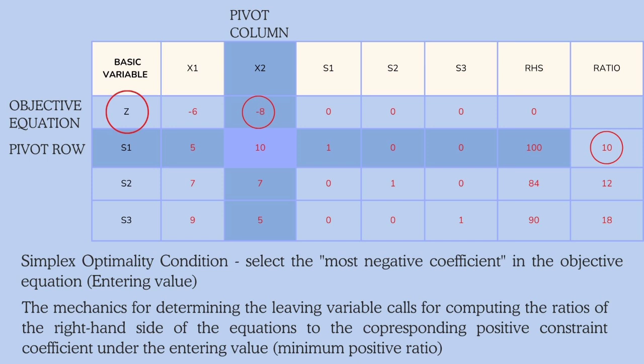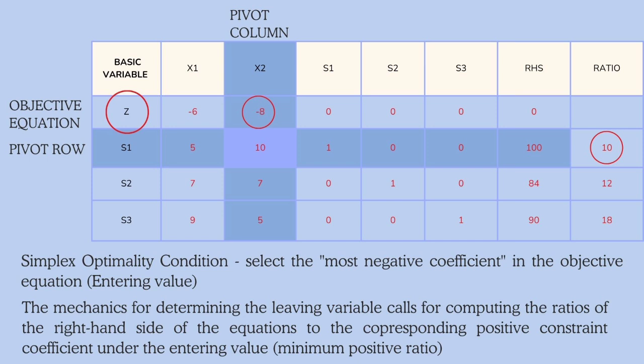So, paano ba malalaman kung ano yung pipiliin natin na pivot column at pivot row? So, by using simplex optimality condition, which ito yung procedure natin kung paano tayo pipili ng entering value or pivot column.